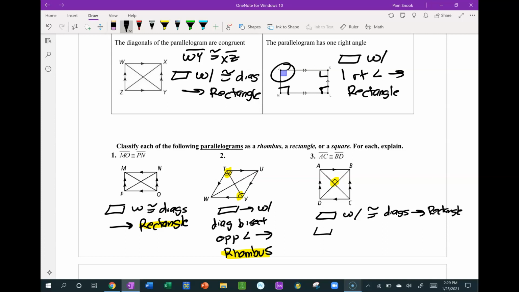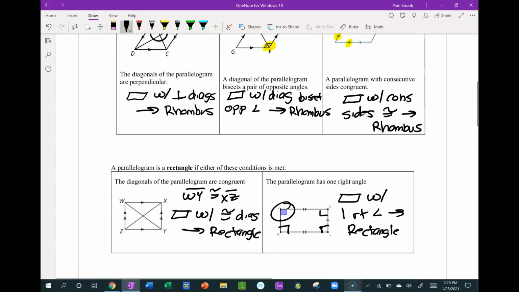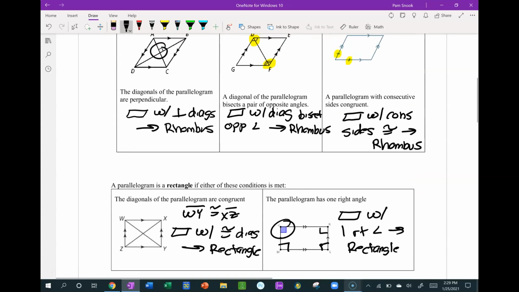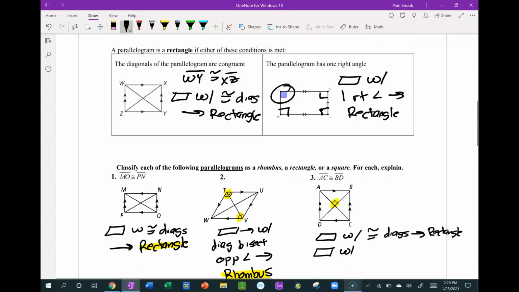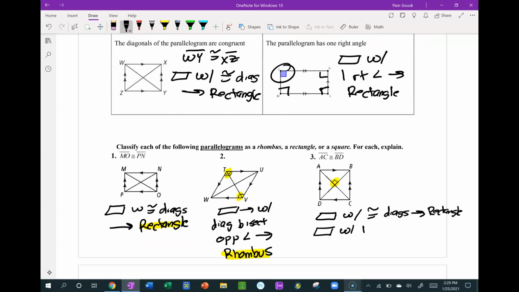So parallelogram with, let's see, did we say right angle or perpendicular? Perpendicular. With perpendicular diagonals implies rhombus. So this one is both a rectangle and a rhombus. So my answer for this one is square.